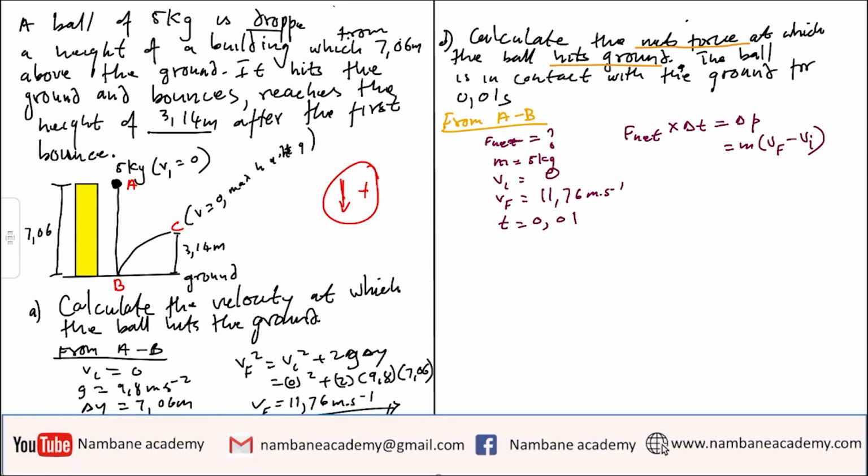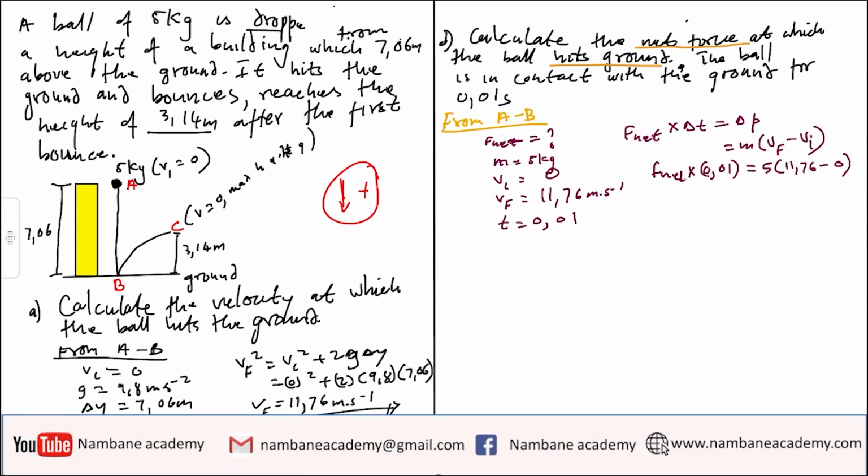Fair. And I have everything that I need, which is just Fnet multiplied by 0.01. Please help me with your calculators. 5 times 11.76 downward minus 0.